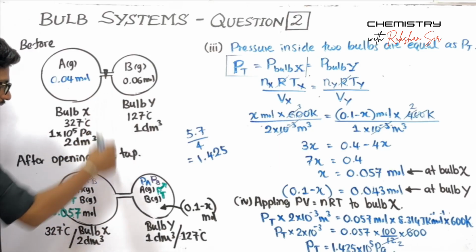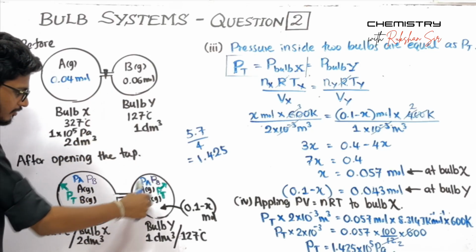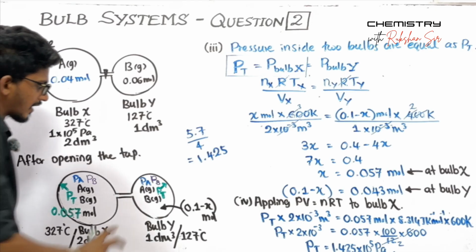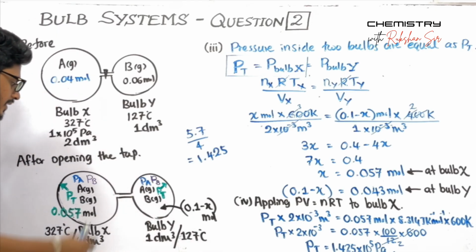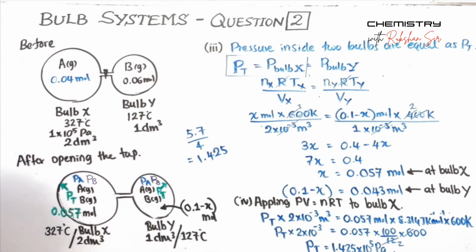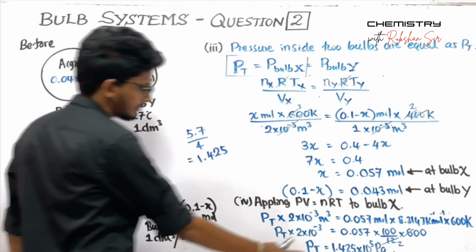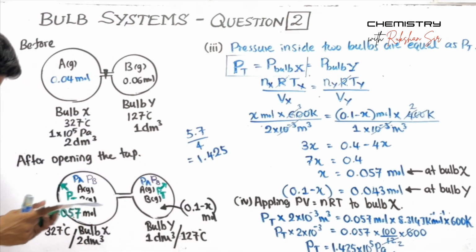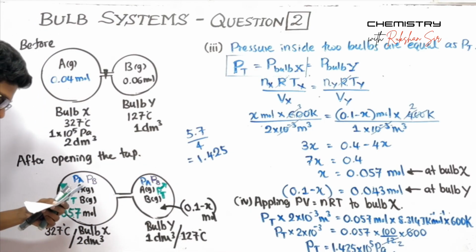As the tap is open, there is no separation of the walls, so one pressure should appear at both bulbs. That is this value, the total pressure. So the next question: partial pressures of A gas and B gas in this system.